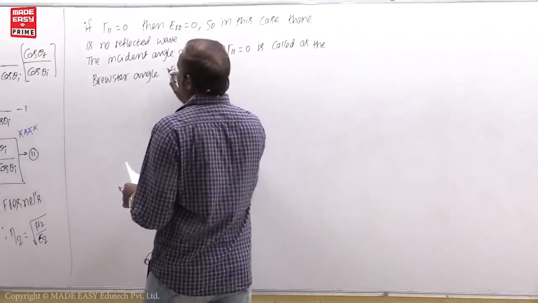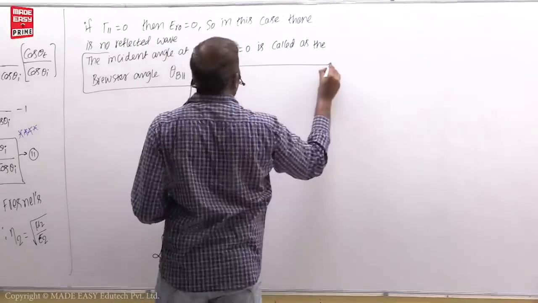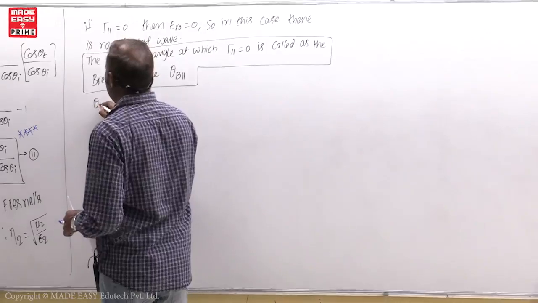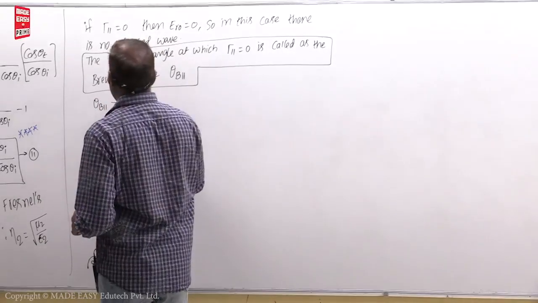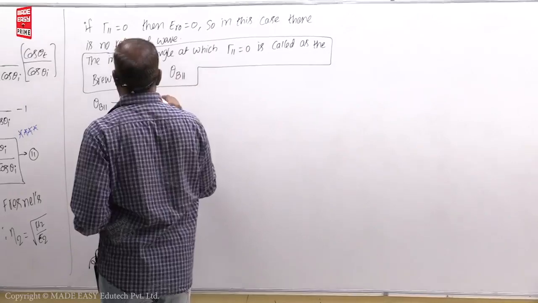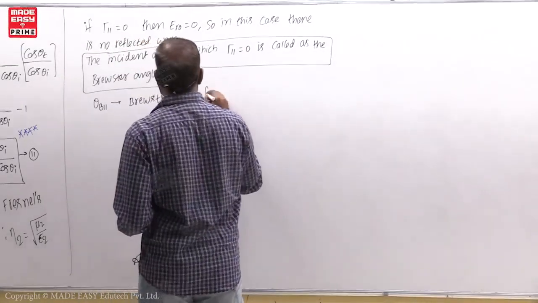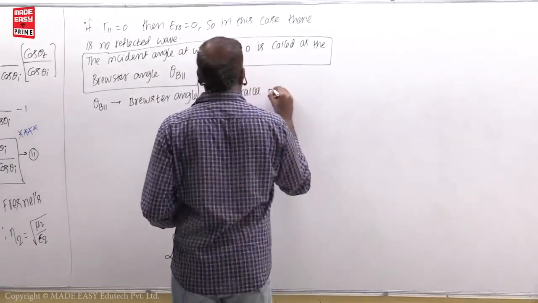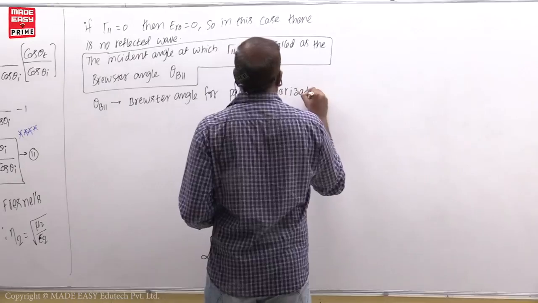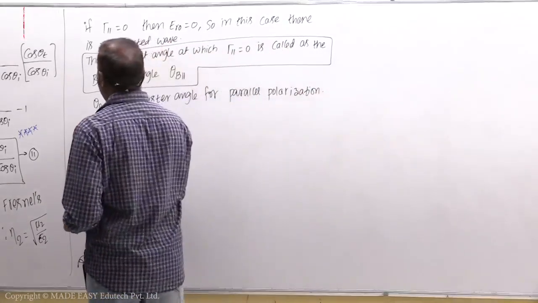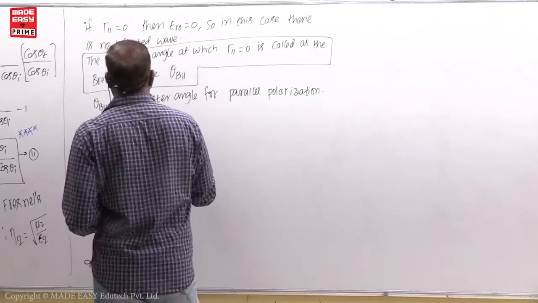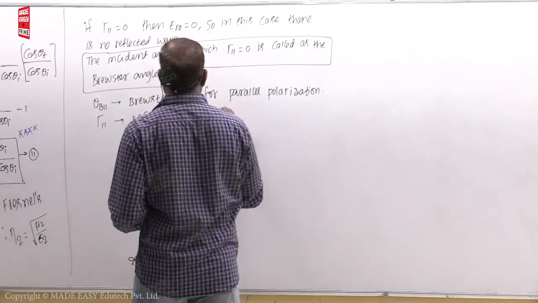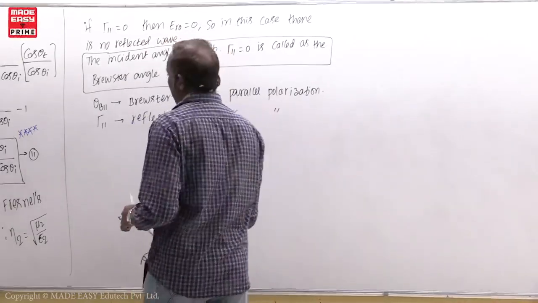Okay. Now, here theta B parallel means Brewster angle for parallel polarization, and here gamma parallel is reflection coefficient for parallel polarization.